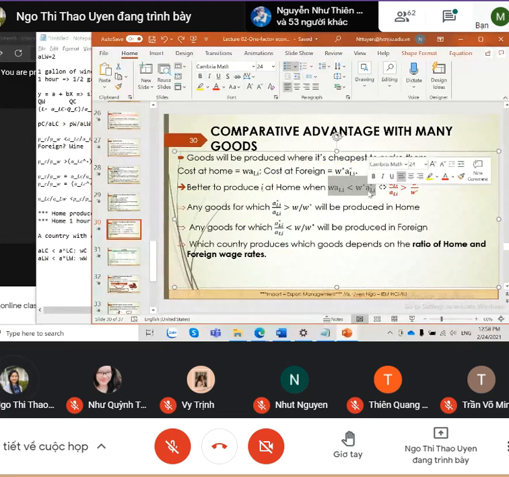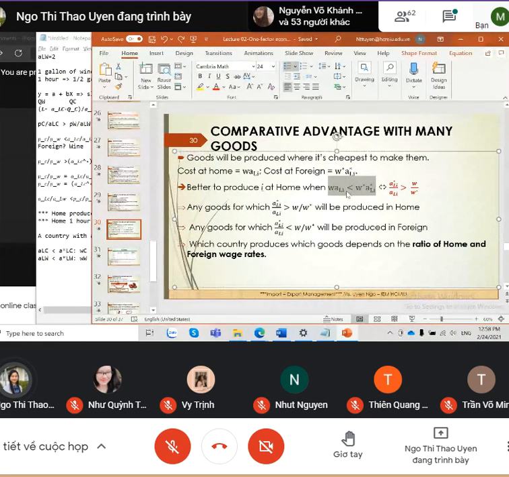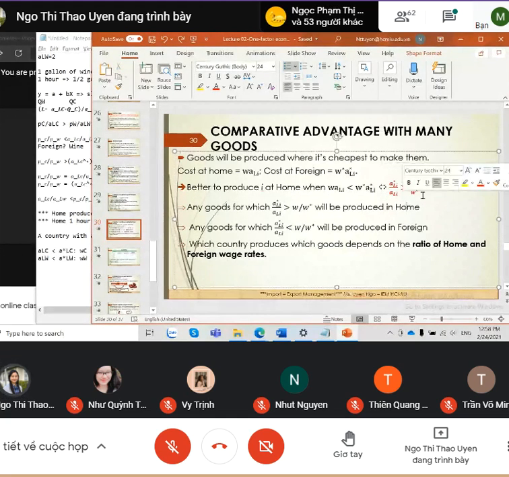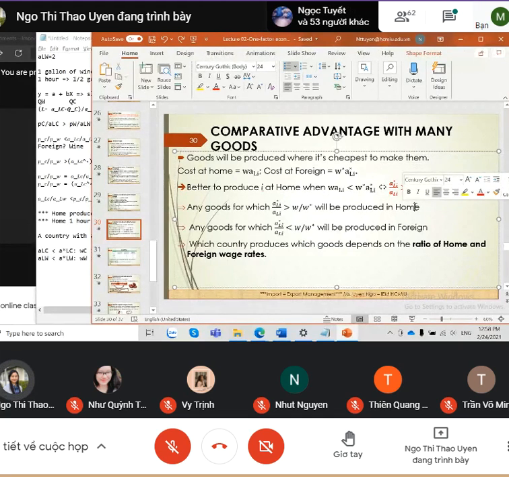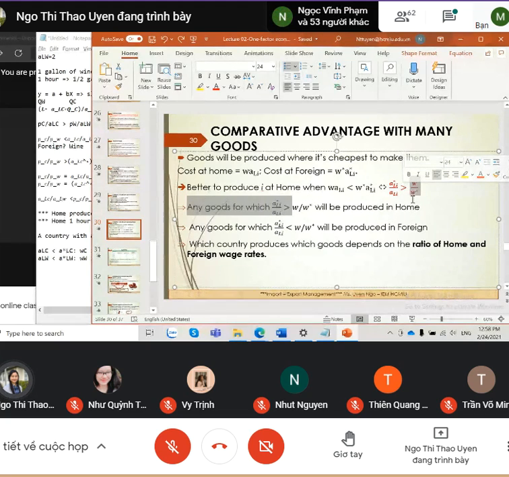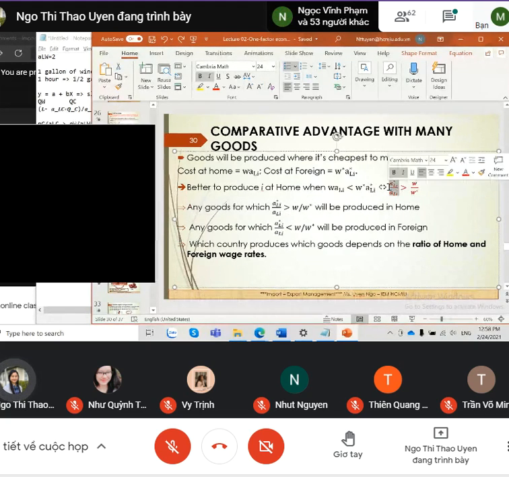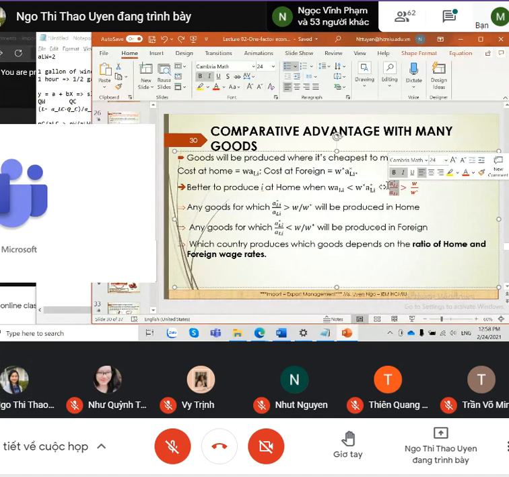This happens, then this happens. So it's equal. We can change the terms a bit to make it easier to understand: the relative wage of home and foreign, and this is the relative unit labor requirement of foreign to home of good i.